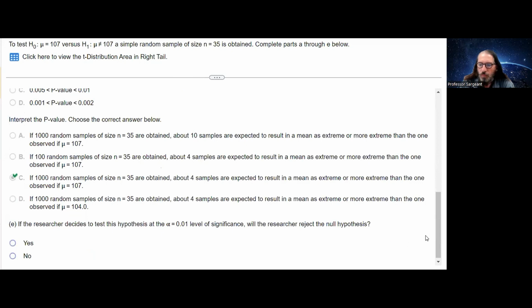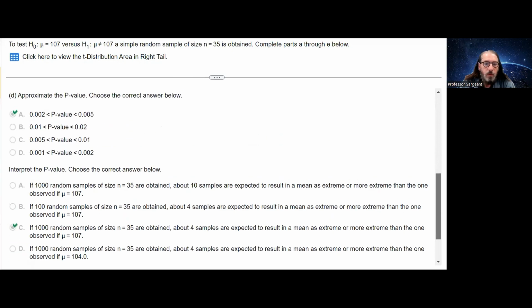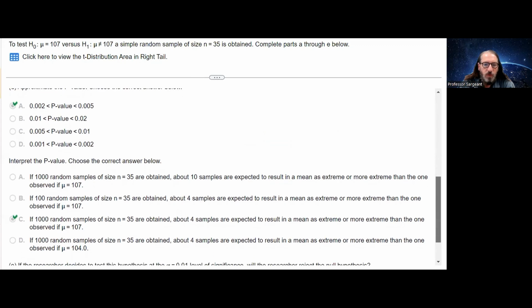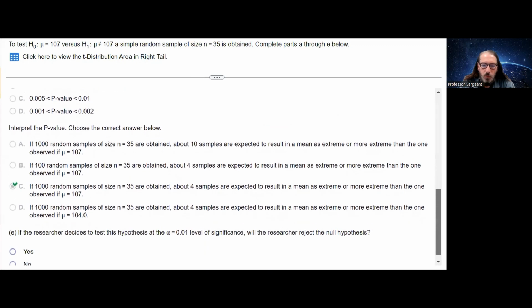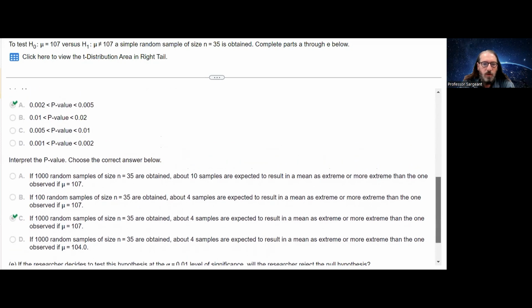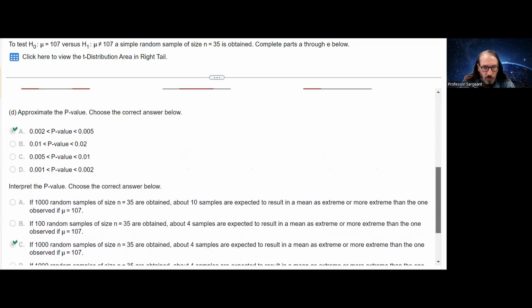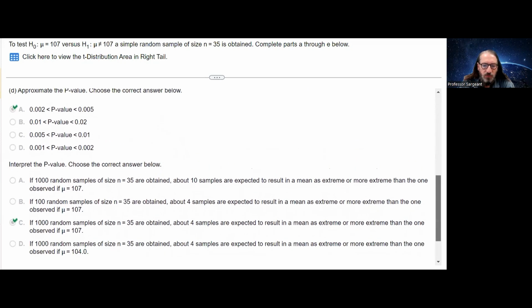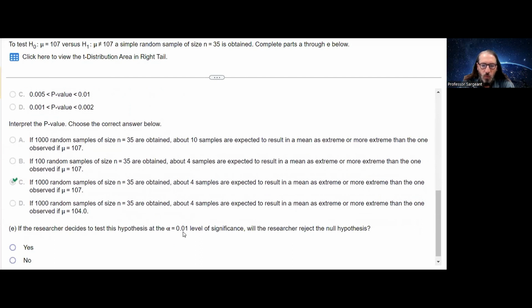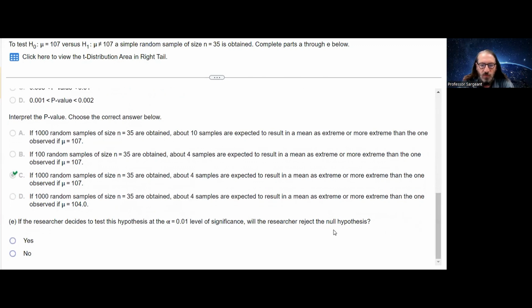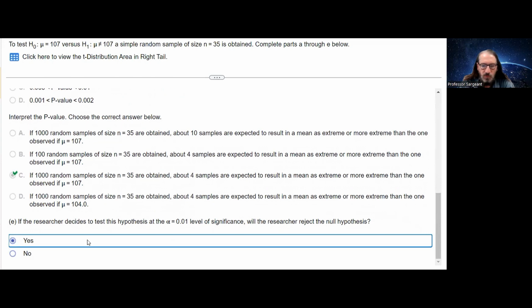And since our p-value was less than 0.005, which is less than 0.01, 0.005 is 5 thousandths, whereas 0.01 is 1 hundredth or 10 thousandths, 5 thousandths is less than 10 thousandths. Would the researcher reject the null hypothesis? Yes.